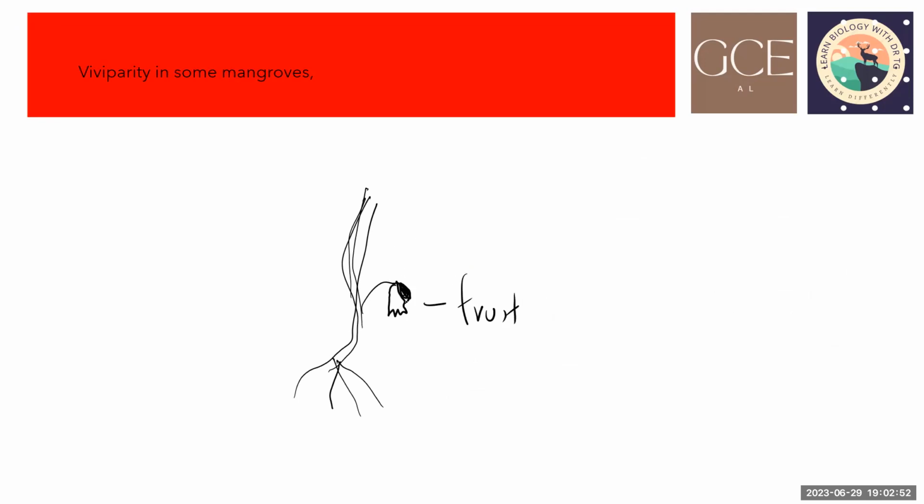And this fruit starts to germinate in this place. That means they start to make roots and they start to make shoots. And these are the roots. So it germinates inside the original plant. It is attached to the original plant here.